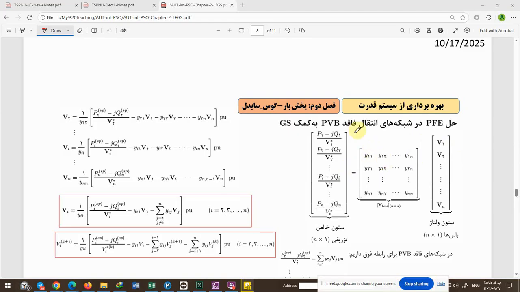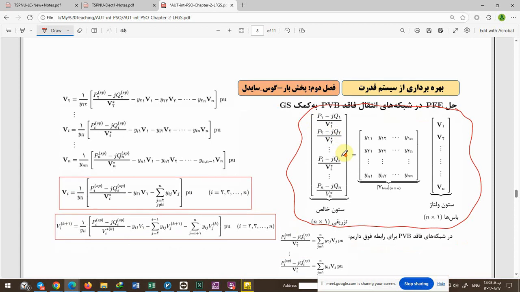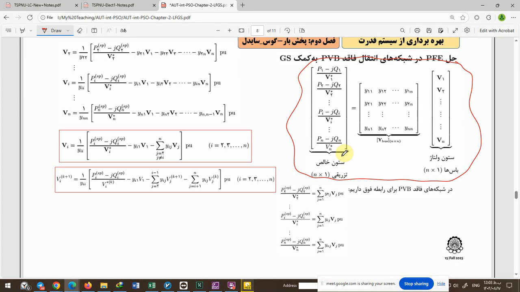In load flow equations, we introduced this matrix-based equation here, and we say that each row of the matrix can be extracted like this.